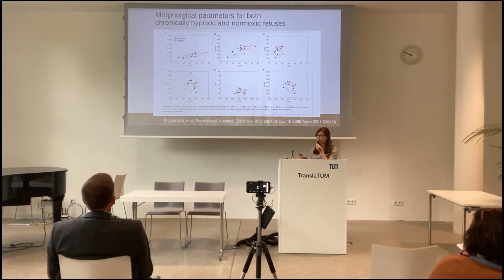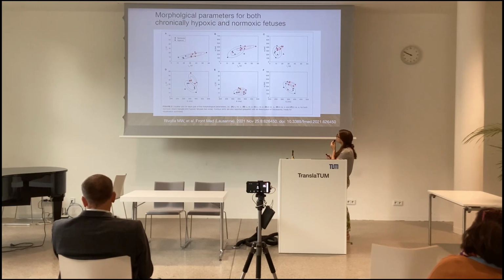And so, after modeling the deceleration morphology on a trapezoid, we tried to highlight any differences between the two populations. For both the chronically hypoxic fetuses and normoxic fetuses, we tried to highlight differences in the morphological parameters of the trapezoid.